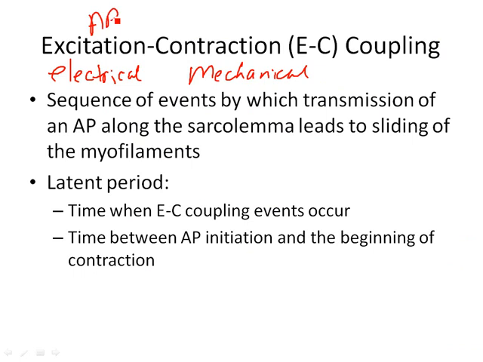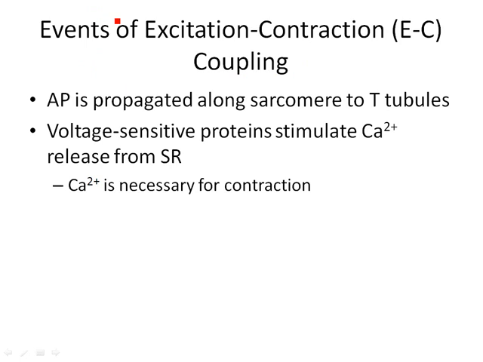So you want to convert, or couple, an electrical event into a mechanical event. You actually want to contract. There are a lot of sequences, a lot of steps we're going to go through in order to have that occur. Okay, so your action potential goes along that sarcolemma into the T-tubules, which are called the transverse tubules.